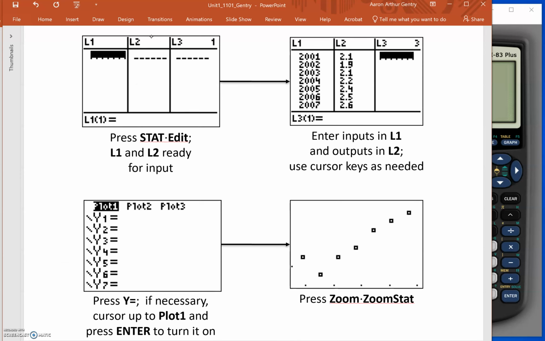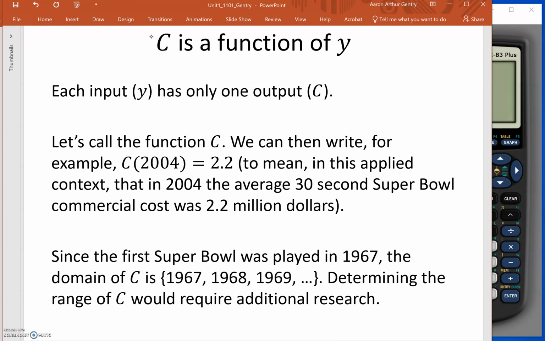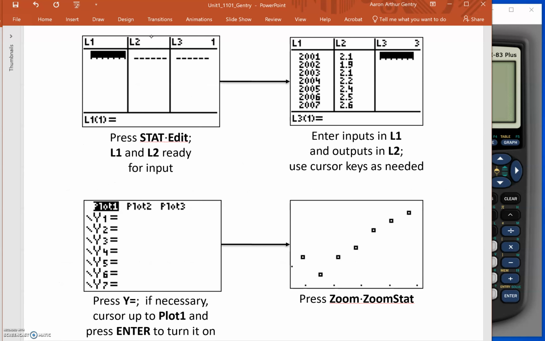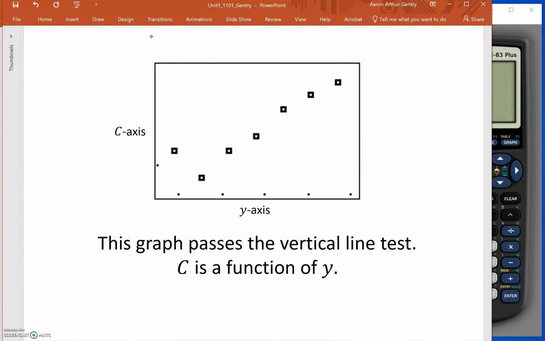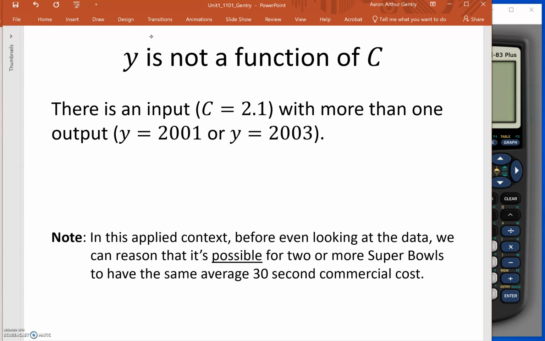These next slides actually take this data and put it into a stat table, and then graph it as a scatter plot. So we've already verified that it's a function. So if it's a function, then it will pass the vertical line test. So we don't actually have to check that, but here I've actually checked it in case you want to do so.